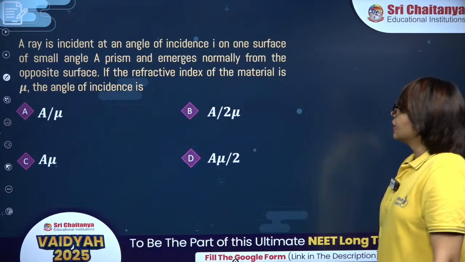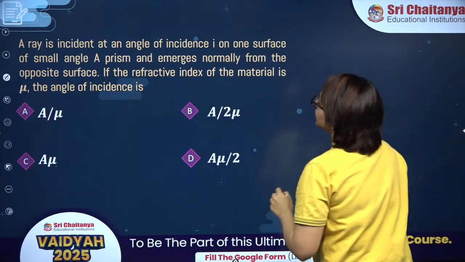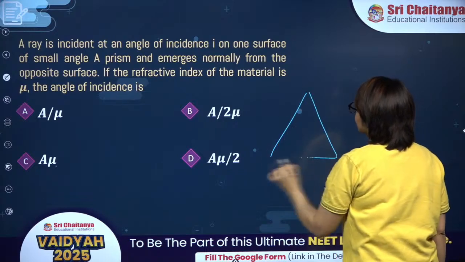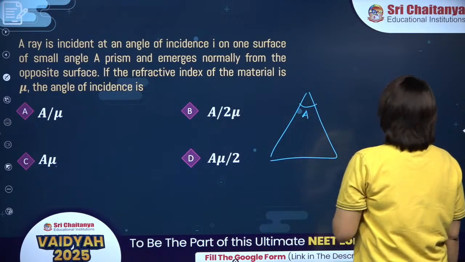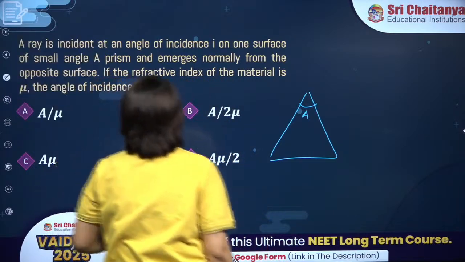Chaliye. Next is this one. A ray is incident at an angle of incidence I on one surface of small angled prism A. Angle of prism A is small, that means you can use small angle approximation.